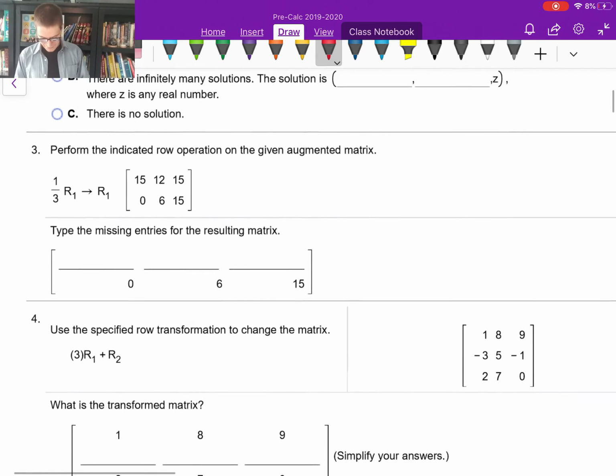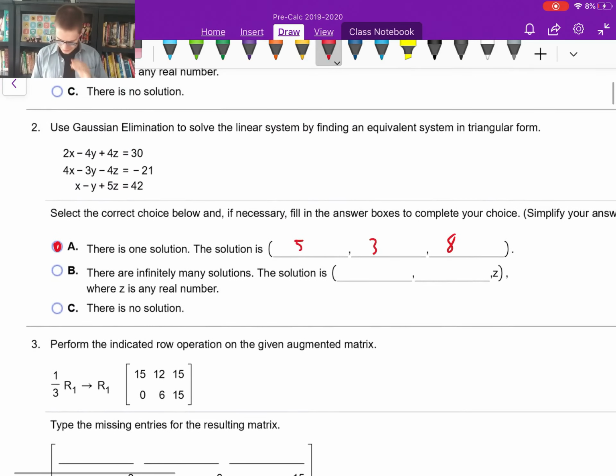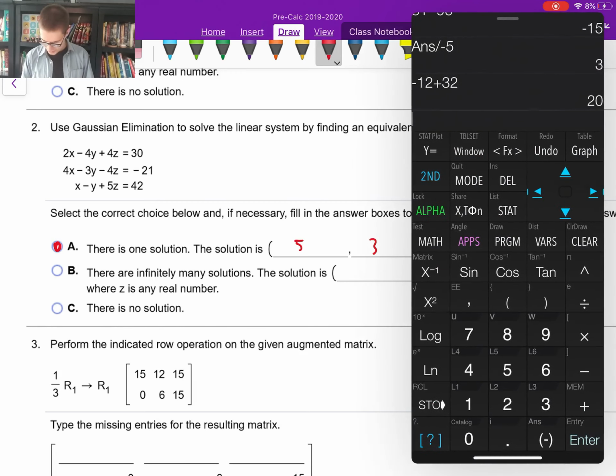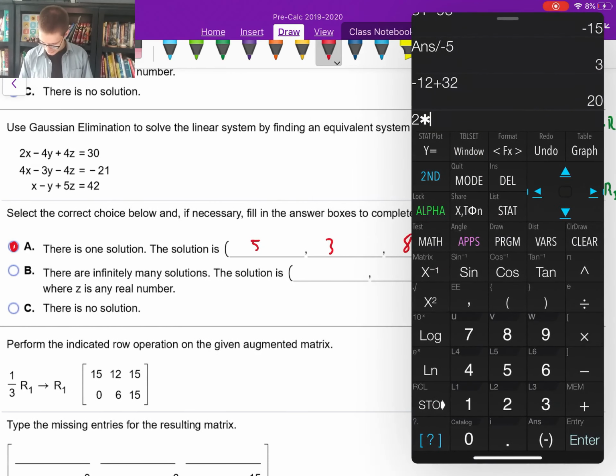Okay. And just because it's not a bad idea to check our work to make sure that these are exactly the answers, we'll do 2 times 5 minus 4 times 3 plus 4 times 8.